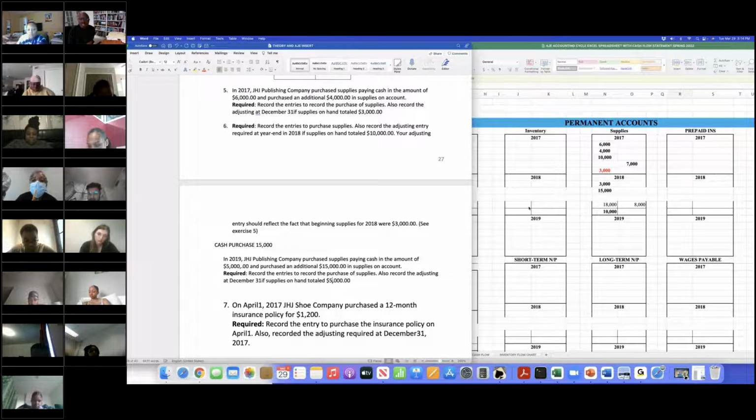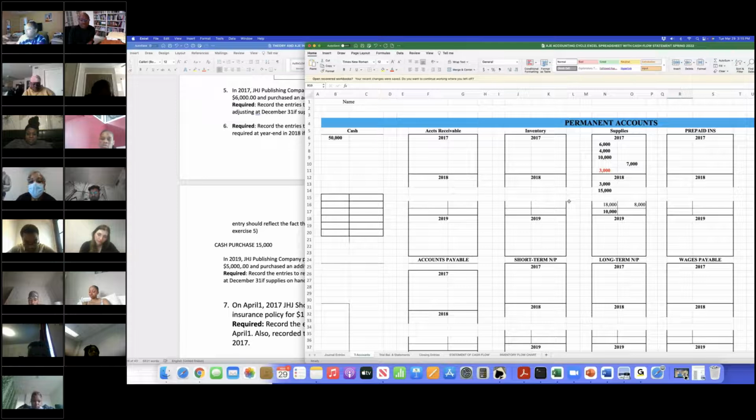So if we go to 2019, what number is going to be right here as your beginning balance? 10,000. 10,000 is going to be your beginning balance.